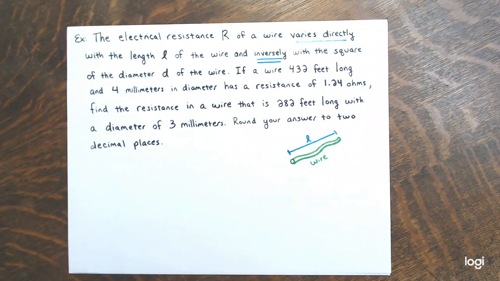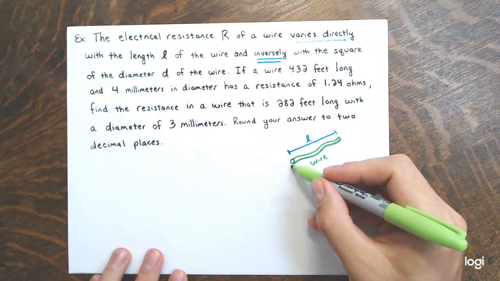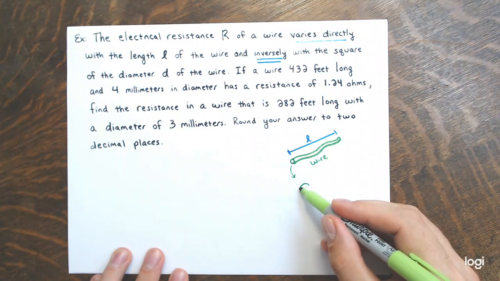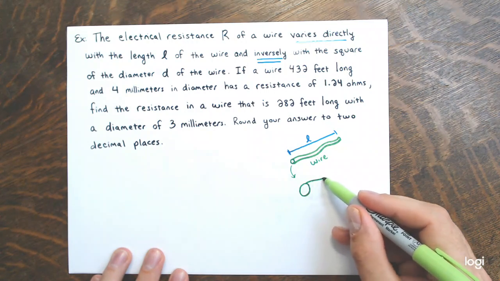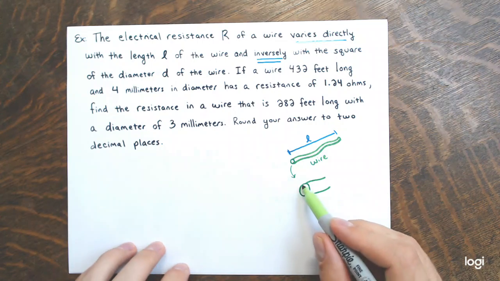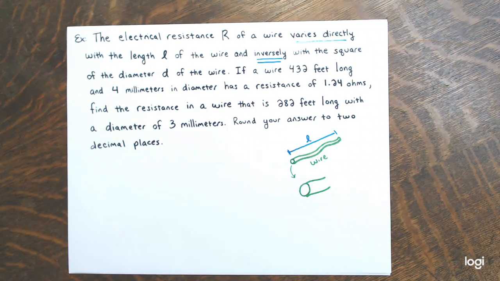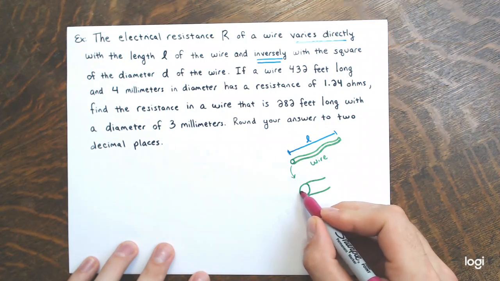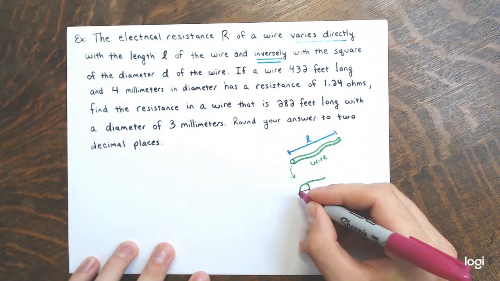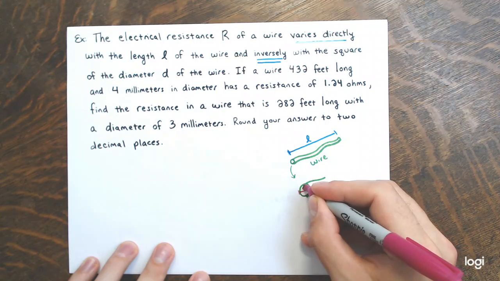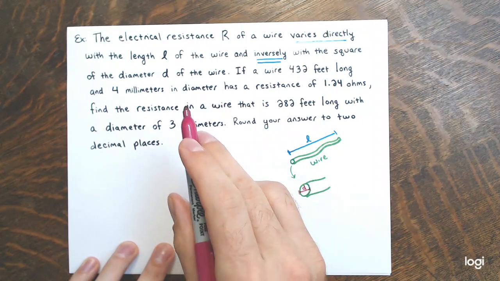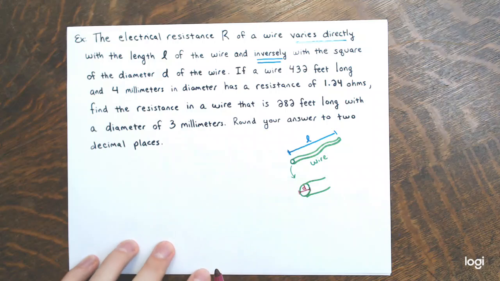The diameter is at the end of the wire, the circular end. The diameter of the wire is just how long across that is. If you go across that circle, that distance there, that's lowercase d, the diameter of the wire.